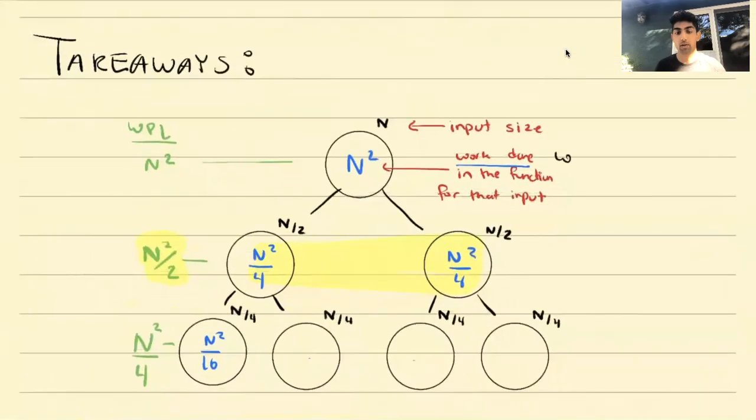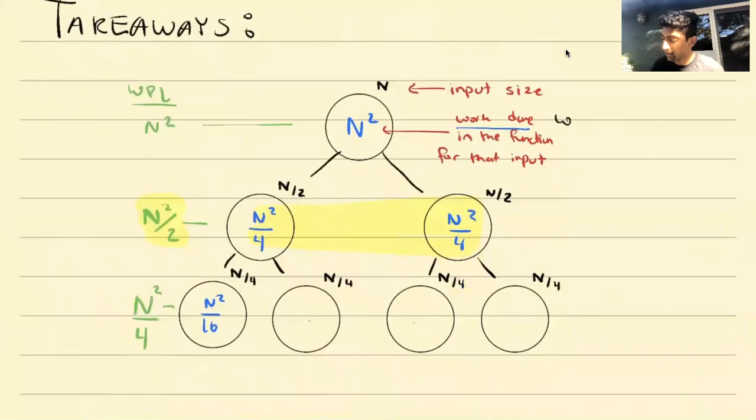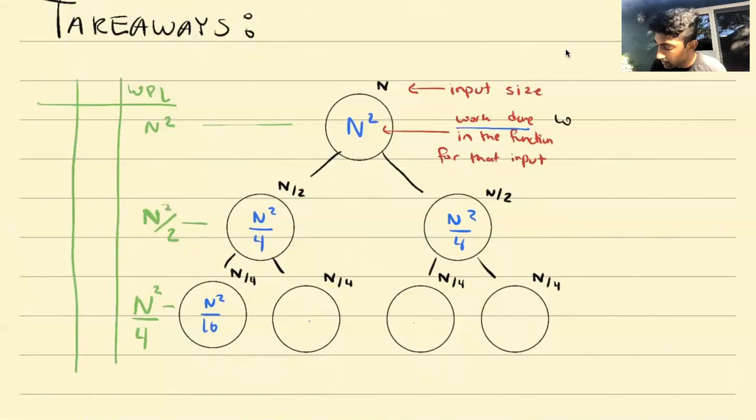So if we ever have some sort of recursive tree like so, what we'll notice is that there were three examples we walked through. Okay? I'm going to put those examples side by side here. Okay? So this is the work per level for each of the examples, the first one, the second one, and the third one.